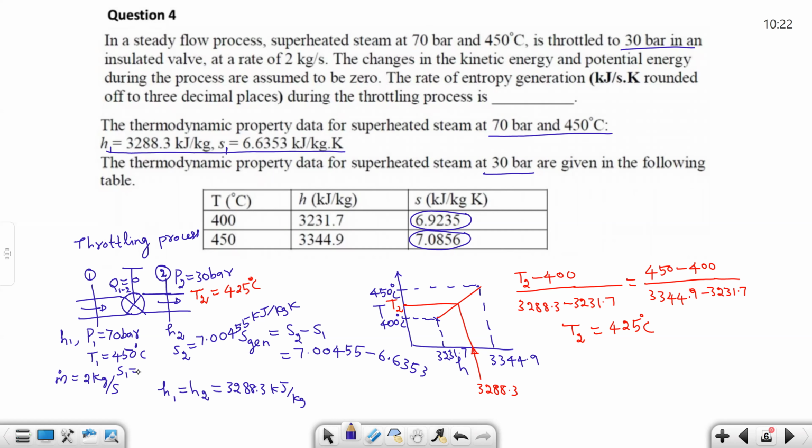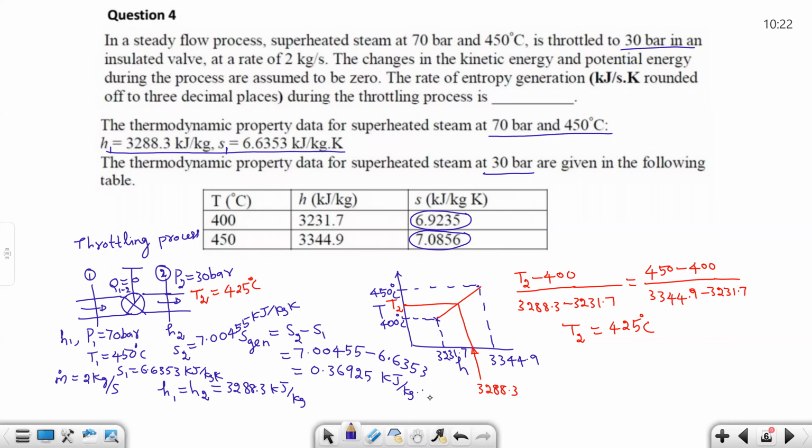S1 we write 6.6353. So the unit will be kilojoule per kilogram Kelvin.